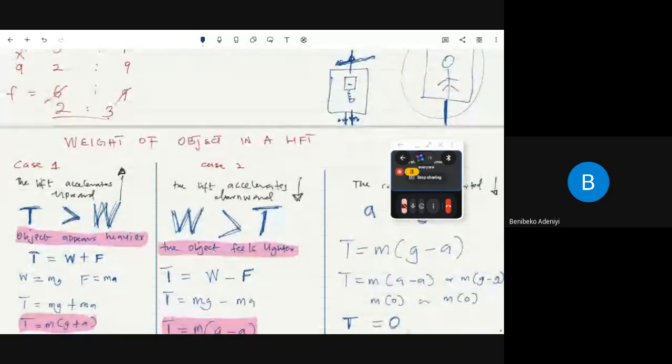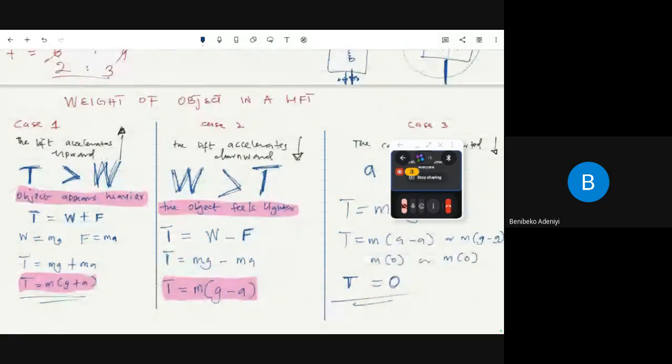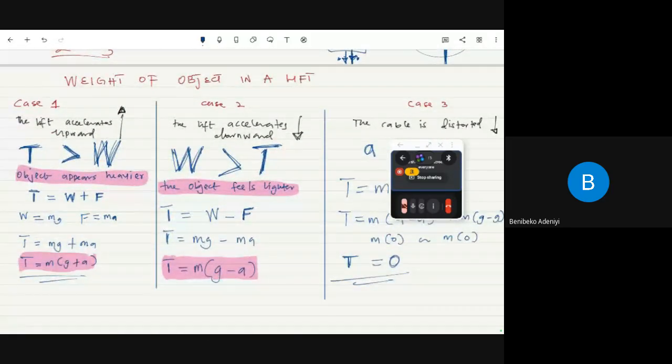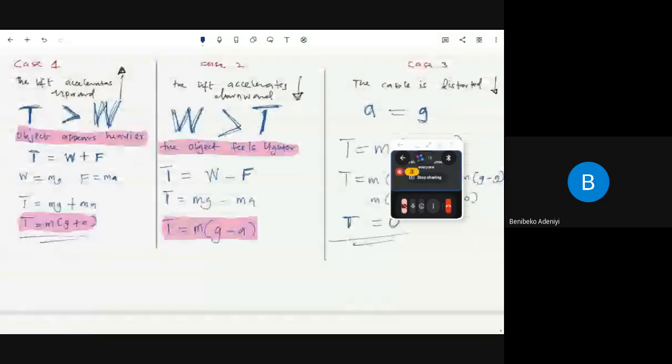It is not different from everything that we have described here. It is the same formula, the same value. You understand? If it is going up, it's the same thing. If it is coming down, it's the same thing. If it is free fall, it's the same thing. So it's not a different case. The formula, I believe that is clear.